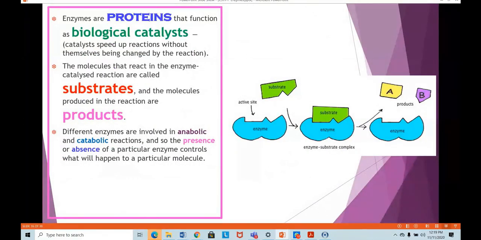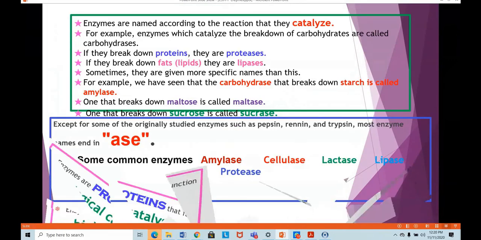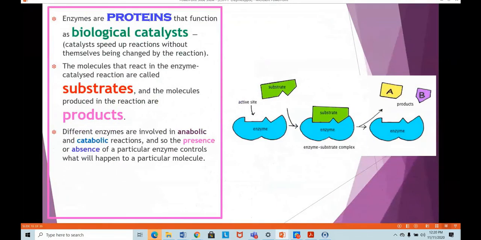So you can see on the screen that enzymes are actually proteins that function as biological catalysts. We know that already. Catalysts speed up reactions without themselves being changed by the reaction. The molecules that react in enzyme catalyzed reactions are called the substrates, meaning the molecules on which the enzymes act are known as the substrate molecules.